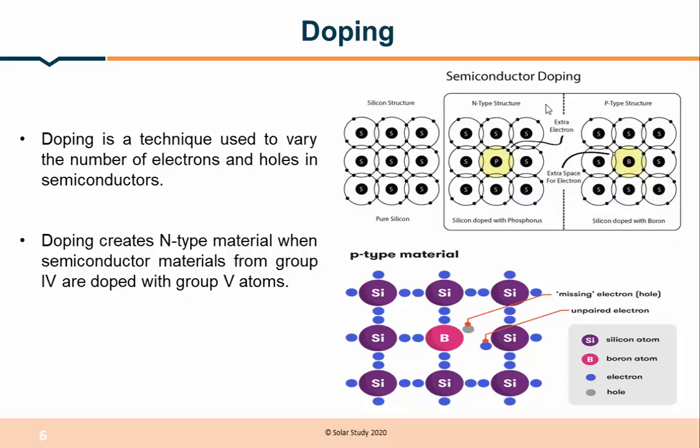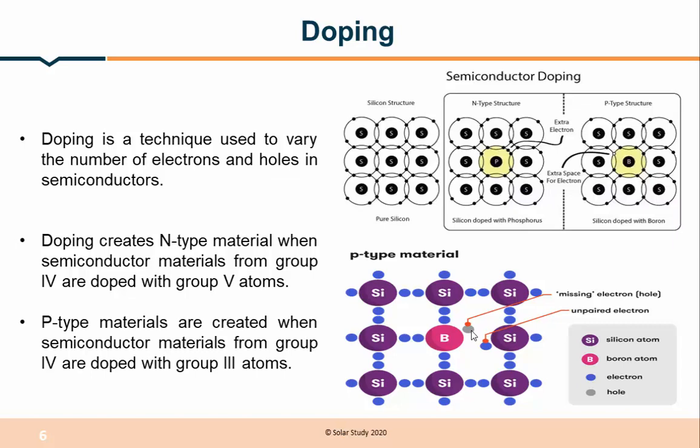In silicon, the outermost shell has 4 electrons to bond with the neighboring silicon. In p-type material, there are 3 electrons in the outermost shell. So if this p-type material is bonded with the n-type material, there will be one less electron. That is called a hole, a deficiency of electron. Since it contains holes, it is called a p-type material. So how can we create a p-type material?